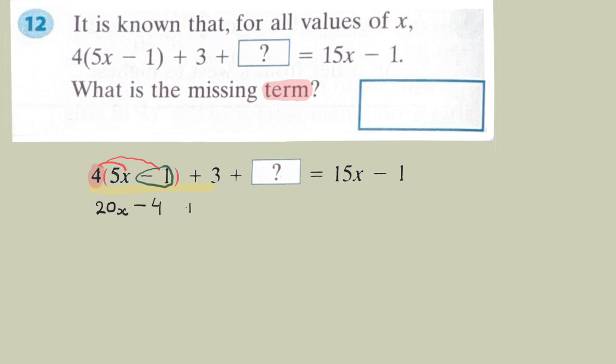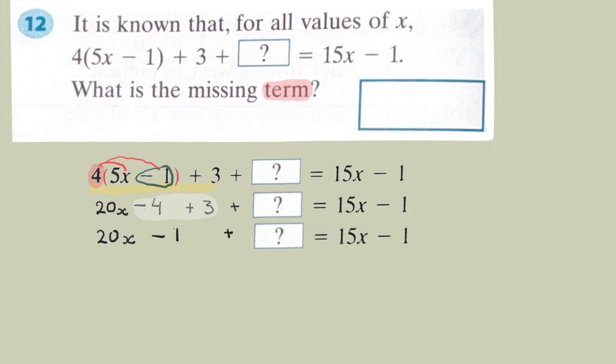The rest of it is just as usual, 3, and then we have also now this term, as well as everything on the right hand side. These two constants here, minus 4 and 3, can be added together. So our equation is now 20x minus 1 plus the term and everything on the right hand side.